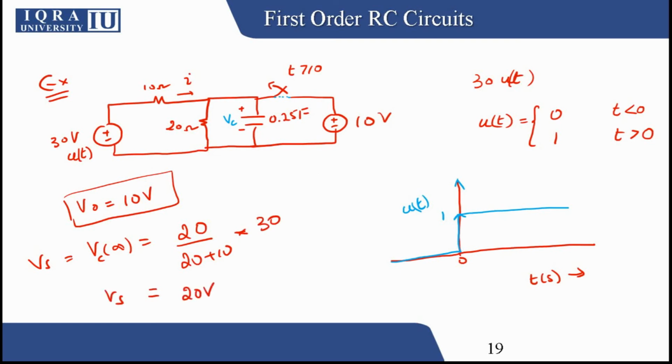So we can say Vs is 20 volts, and the new voltage across the capacitor will be 20 volts after the switch is open.